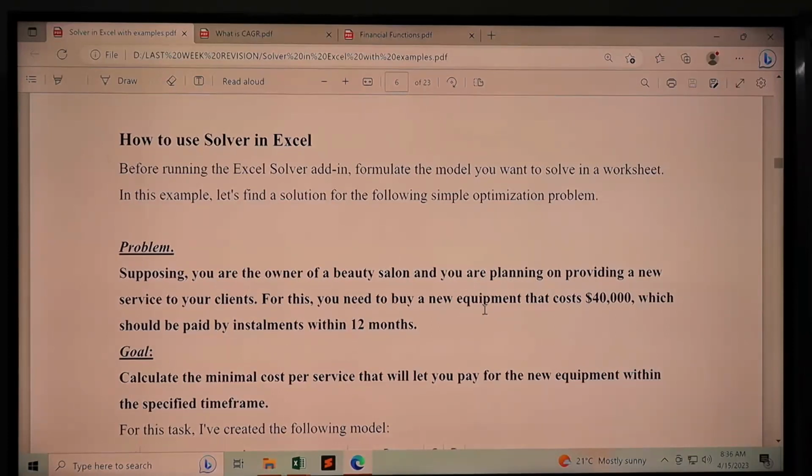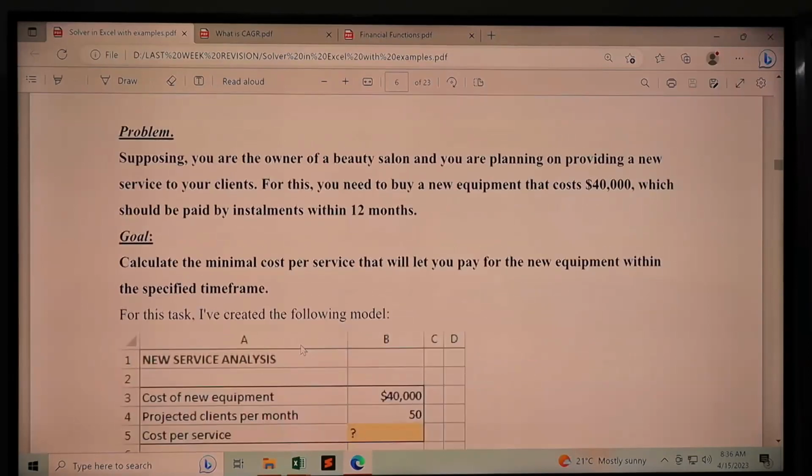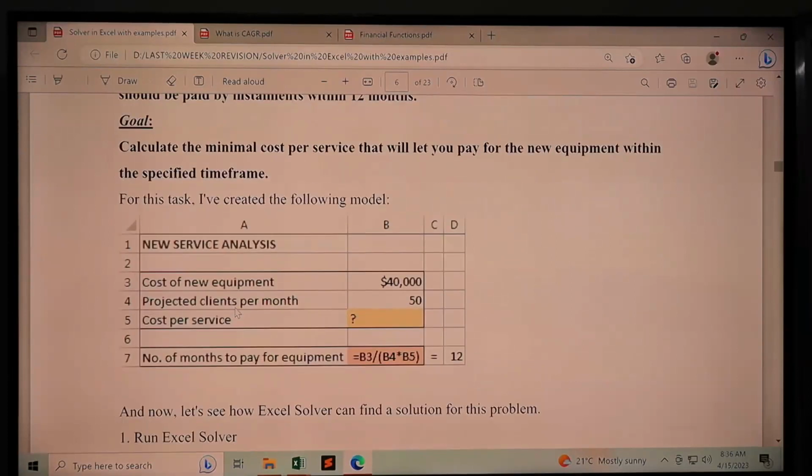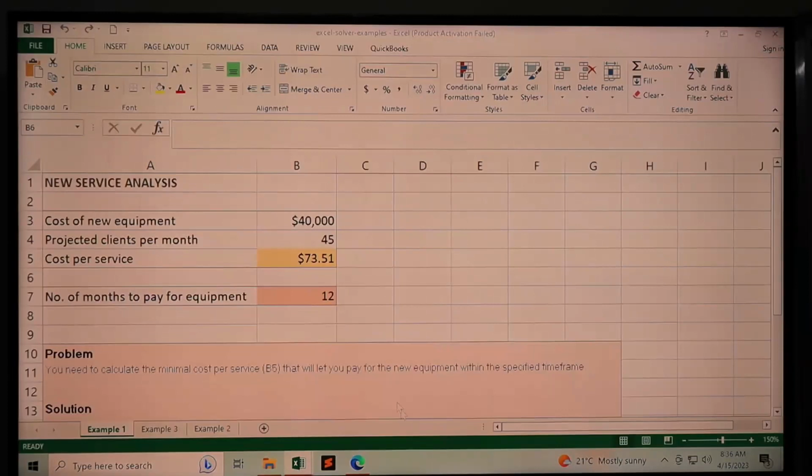So then the goal is to calculate the minimum cost per service that would let you pay for the new equipment within a specified time. You do offer certain services, and the projection of our work, that is the worksheet I've already sent you, looks like that.